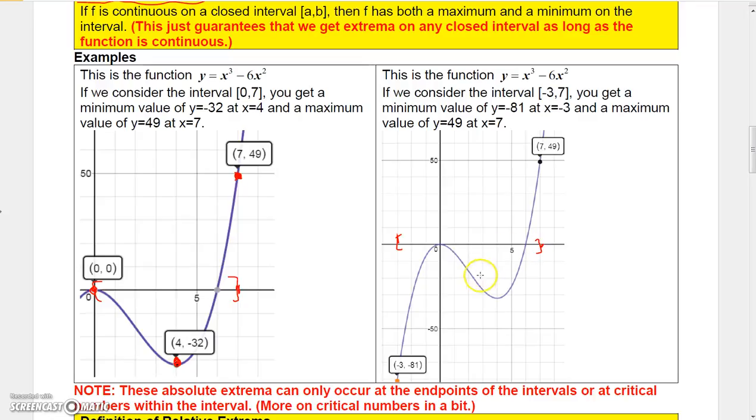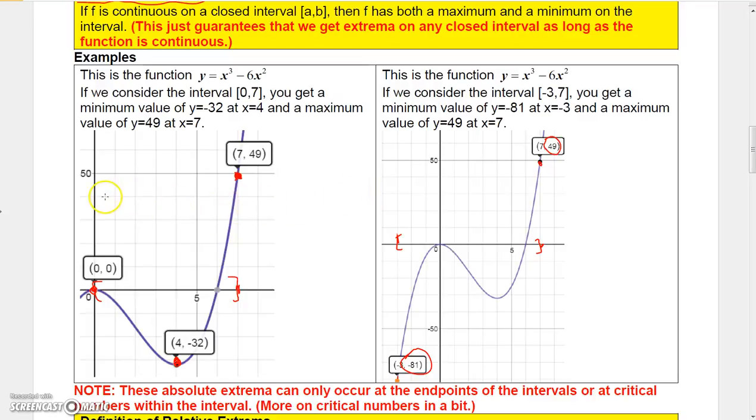So we only want to look at the portion of the graph that runs from where x is -3, so that would be here up through here, and then of course it would stop right here. Okay, well here you can see that over that interval from -3 to 7, the minimum value is actually way down here at -81, and the maximum value is actually way up here at 49.